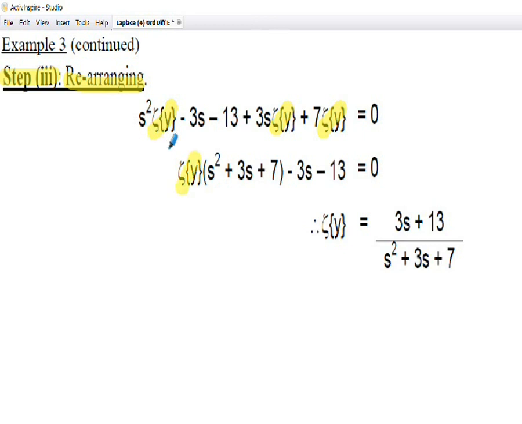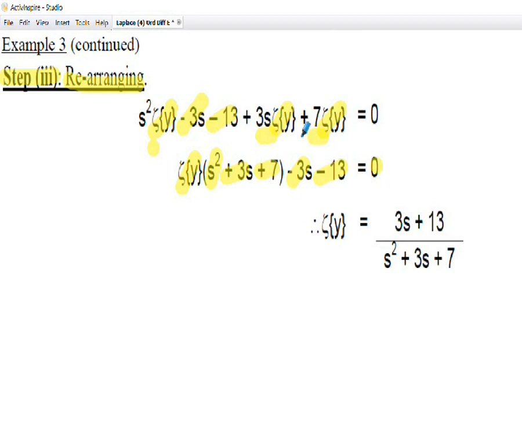Inside the bracket I will get s squared from the first term, plus 3s from the second term, and plus 7 from this term over here. So that's factorising on Laplace y. I still have the minus 3s outside the bracket. I still have the minus 13 outside the bracket because they're not associated with Laplace of y. That still equals 0.